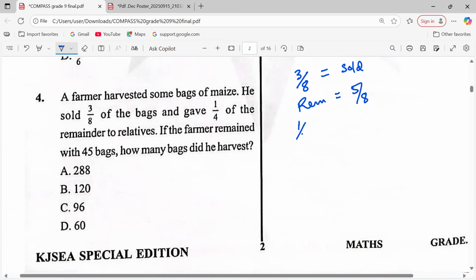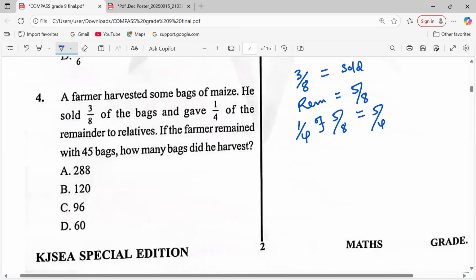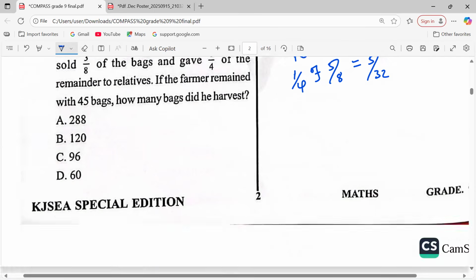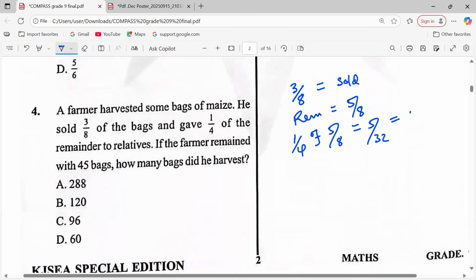So we are talking of a quarter of 5 over 8, giving us 5 over 32. This is the fraction that was given to relatives.